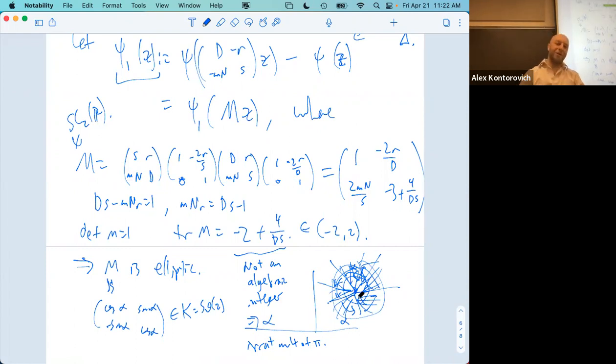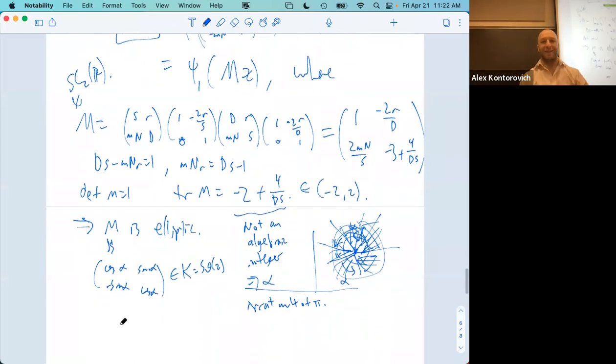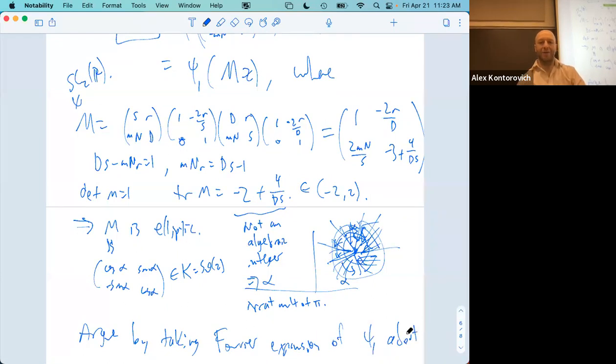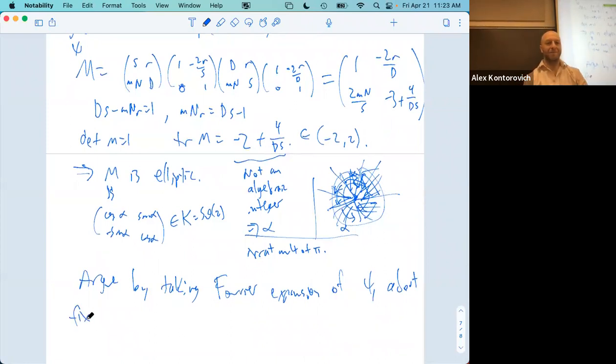So there's an argument you can make by taking a Fourier expansion of psi 1 about the fixed point of M. In the interest of time, because there's still a few more things to do: you can see that the Fourier coefficients have to be equal to themselves times an irrational multiple of pi.